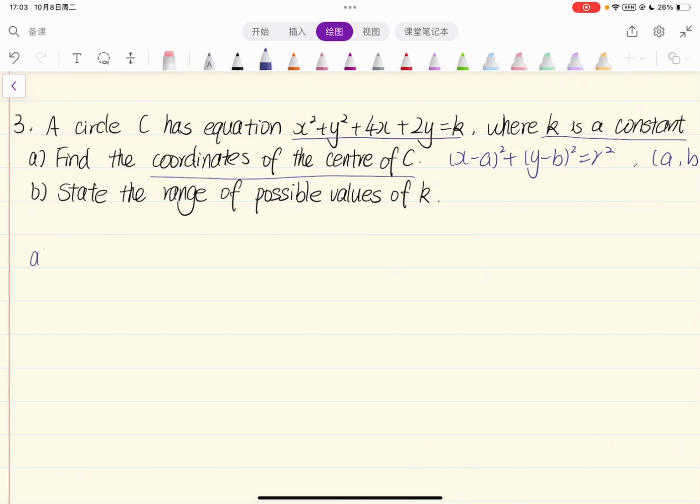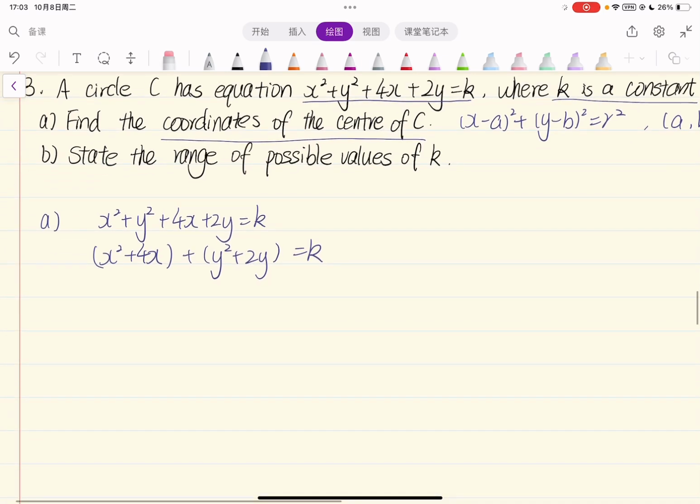Now what we do, we need to completing the square. So x squared plus y squared plus 4x plus 2y equals k. We have x squared plus 4x plus y squared plus 2y equals k. So that x squared plus 4x plus 2 squared minus 2 squared plus y squared plus 2y plus 1 squared minus 1 squared equals k.